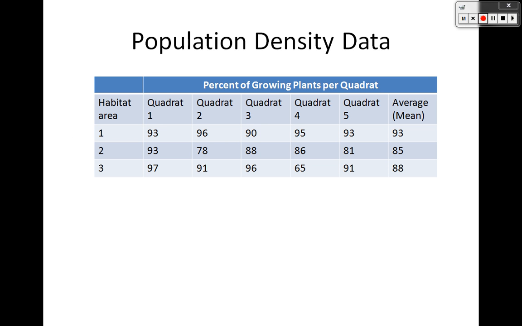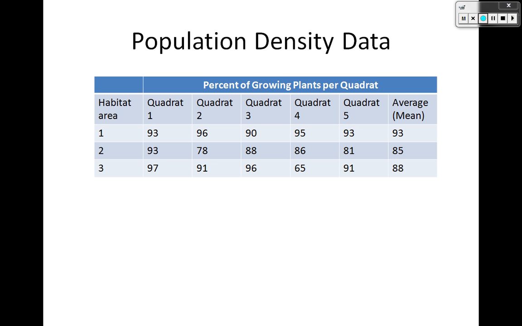If we look back at our data, we notice that in habitat area 1 the mean is 93, and all of these terms are about 93. Whereas if we look at habitat area 3, these samples are incredibly spread out. We go all the way from 97 down to 65. That's very spread out data. And then habitat area 2 is somewhere in the middle.